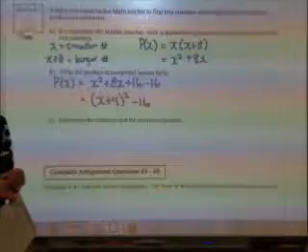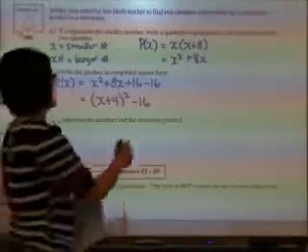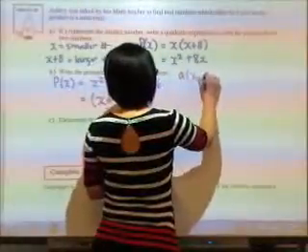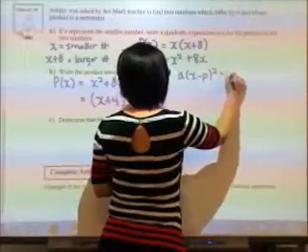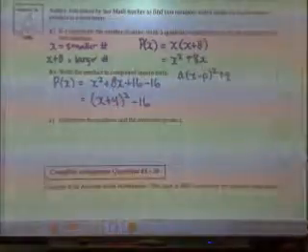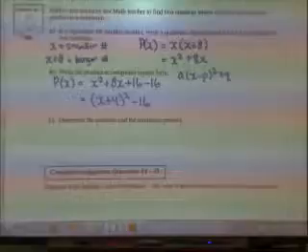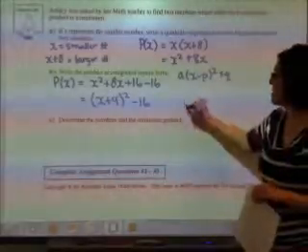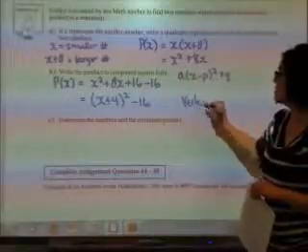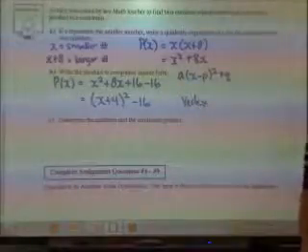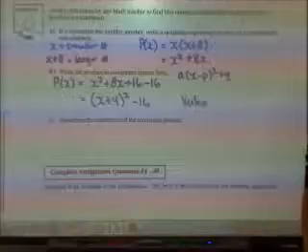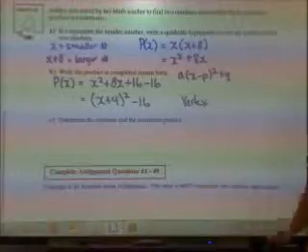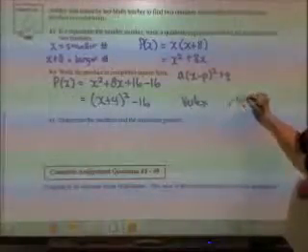So if I go back to my standard equation, a times x minus p squared plus q, what do p and q represent on my graph? The vertex. So in this case, what's my vertex? Negative 4 and negative 16.